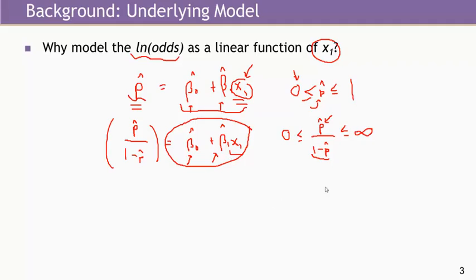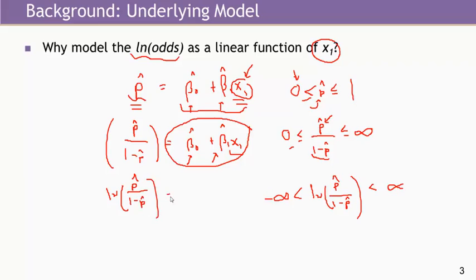So you'll recall, hopefully, from Stat Reasoning 1, if we take something that lives on the positive number line and log it, the range of plausible values covers the entire number line from negative infinity to positive infinity. So if we translate things to the log odds scale, any estimated value of the log odds is quote-unquote legal, and there are no constraints on estimating the intercept and slope given a range of x1 values in a data set. So this is the most flexible approach, and that's why we do things on the log odds scale.